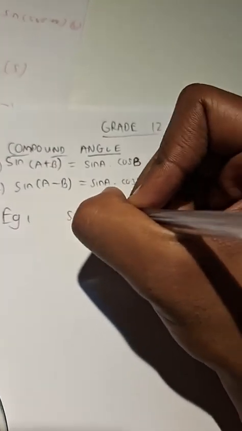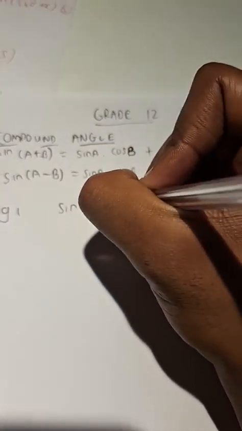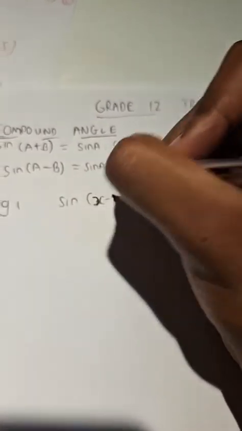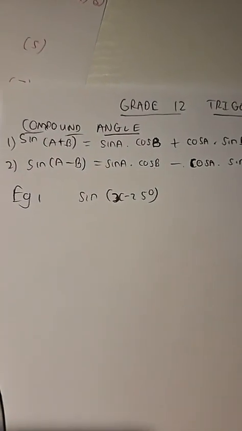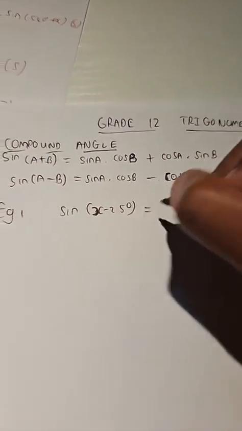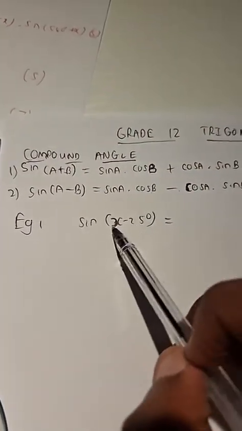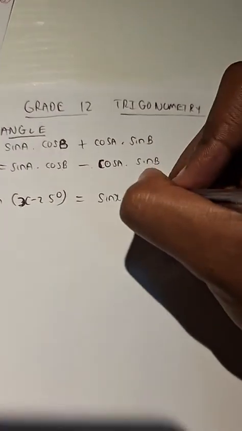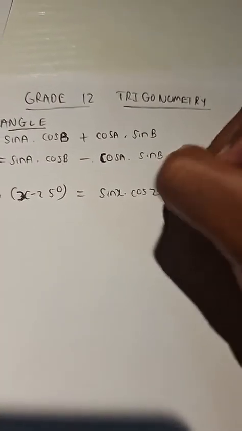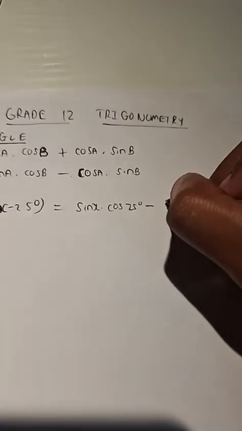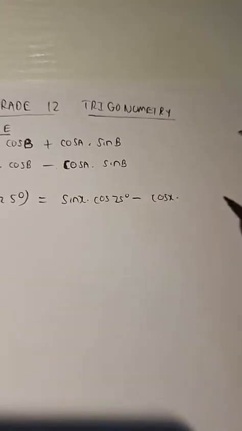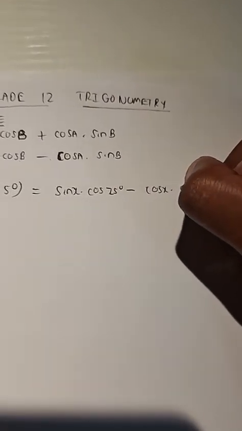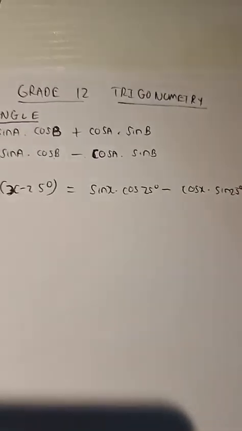So for instance, if I look at an example very quickly where I'm given sine of x minus 25 degrees and I'm supposed to expand the following, then using the expression of the compound, sine x minus 25 degrees is simply sine x cos 25 minus cos x sine 25.